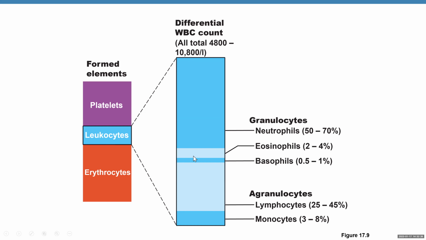If you look at the white blood cells, you will notice that the most numerous type are neutrophils. Then we have lymphocytes. After that, we have monocytes, eosinophils, and basophils. We don't need to memorize those numbers, but we need to remember the relative concentration of those cells.